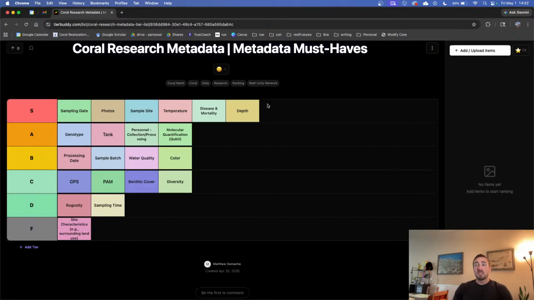Move photos to B. I need to hear the argument on that. I'm very reluctant to move photos to B, but I am open to ideas. Because what we're gonna do next is start comparing everything to each other.